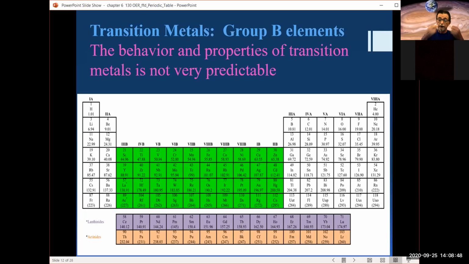Okay, so here we have the group B, the transition metals. We can't predict very well their charge, and as I mentioned in the previous slide about charges, these metals can have a variety of different charges. Copper, for example, can have a +1 or a +2, and we can't really predict it.